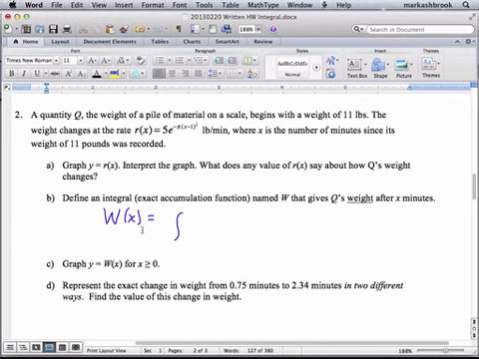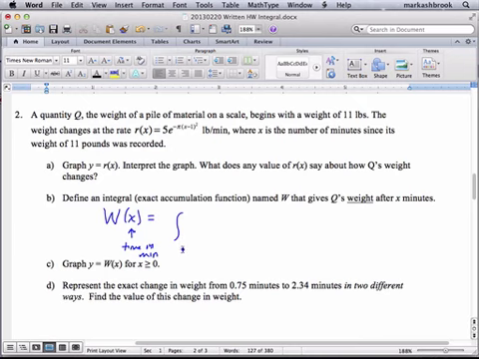Before we do this, what is our input and output for this function? So what does x stand for? Time in minutes. So is this value A to do with weight or time in minutes?